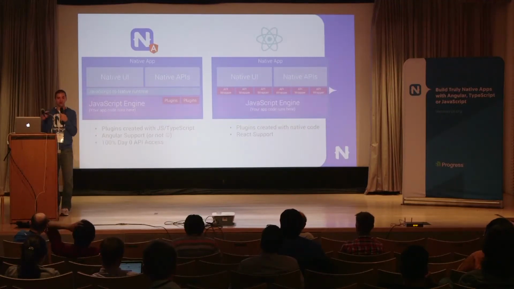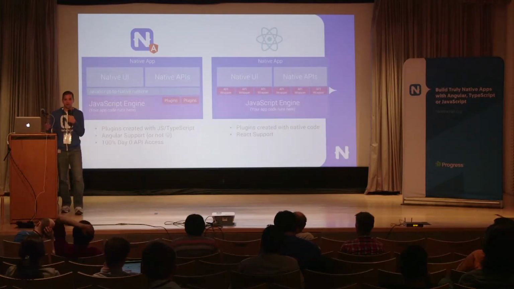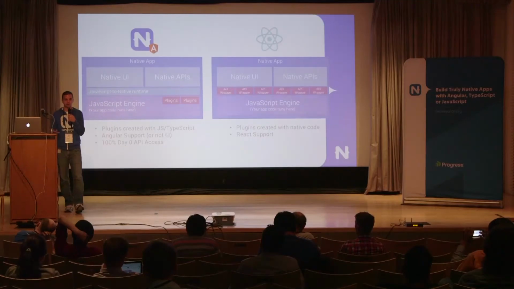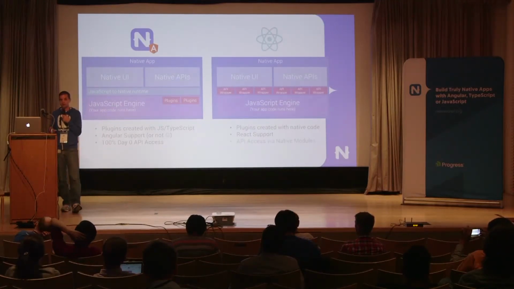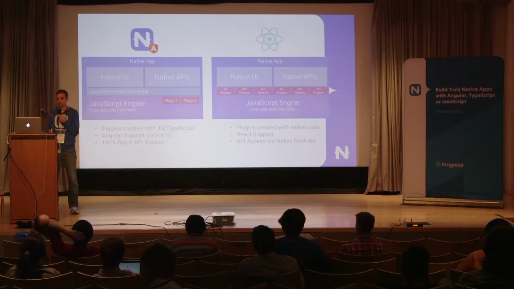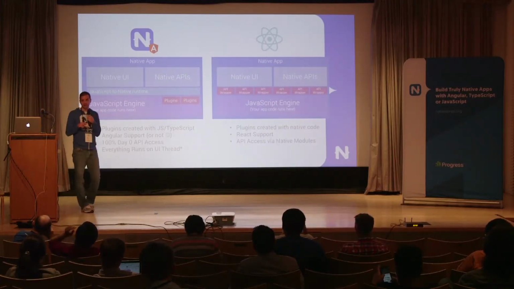With NativeScript, we do provide that 100% day zero API access. What does that mean? Well, if Apple surprises us with iOS 12 in 2 weeks, with NativeScript, you can actually leverage those new API features on day one. With React Native, you do have to wait for those native modules to be updated, to be written to access those new API features.